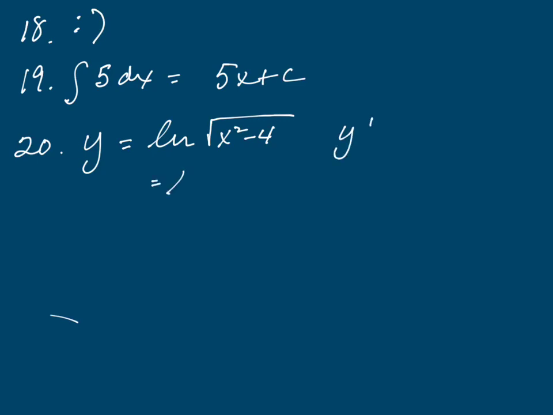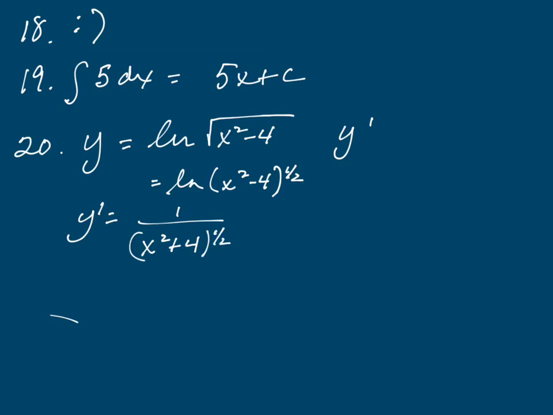So this is ln; let's rewrite this as (x squared minus 4) to the 1/2. And so y prime is equal to 1 over (x squared plus 4) to the 1/2. And then you have to do the derivative of this, which would be times 1/2 (x squared minus 4) to the negative 1/2.